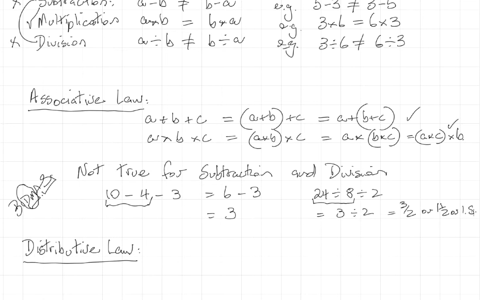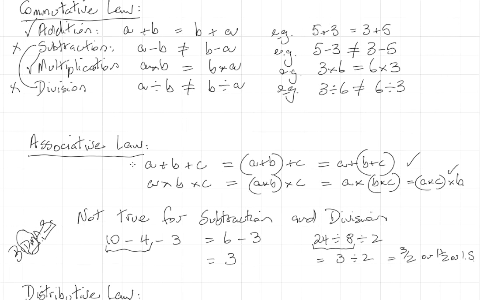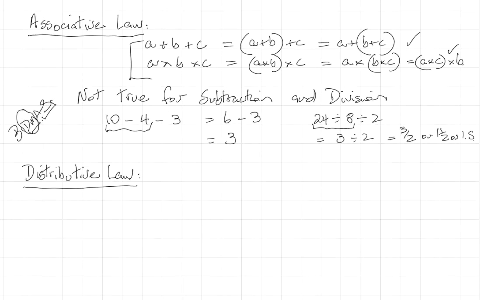Any one of those answers would be fine. So that's the commutative law and the associative law. They are very similar, except that when we've got 3 numbers involved, the associative law is true for addition and multiplication, and does not apply to subtraction and division. You need to work from left to right.